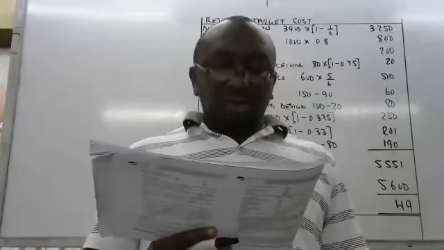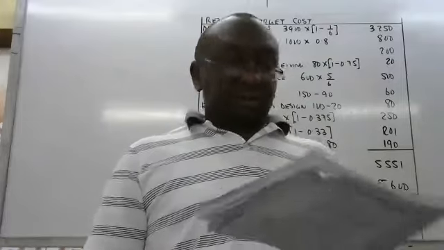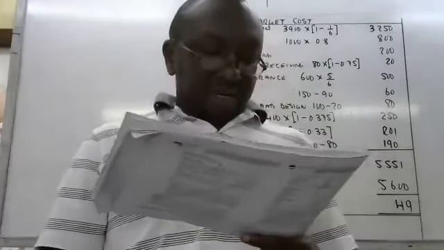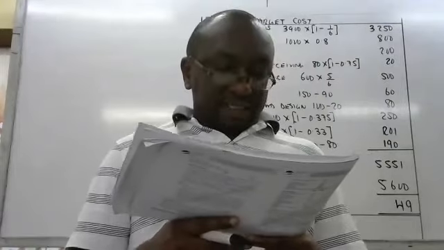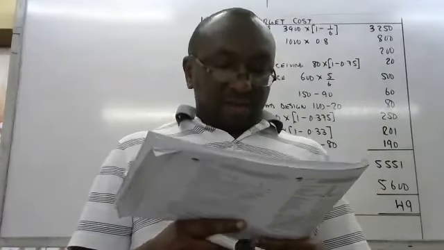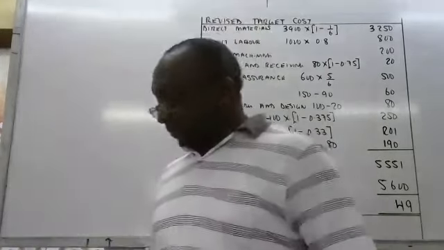Now we are told to do actual profit and loss statement, then a flexible budget, and then we reconcile the reported variances.